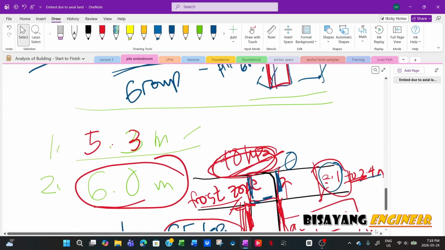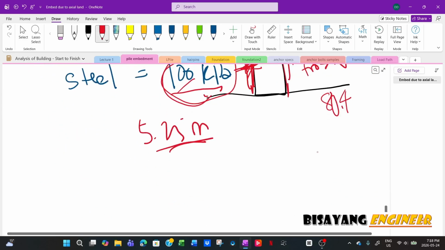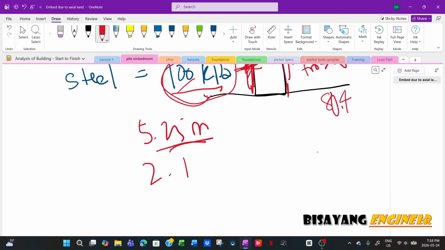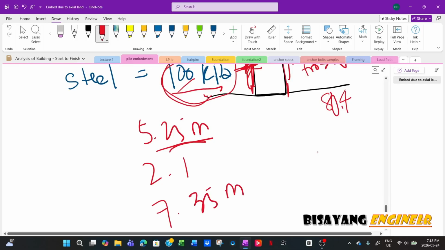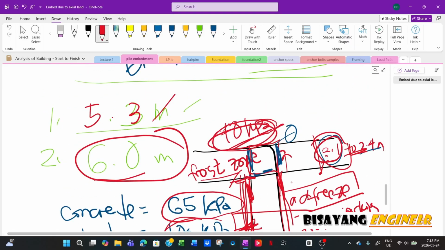And then you add that to the depth of the frost zone, which is 2.1. So this time it will be 7.35 meters.